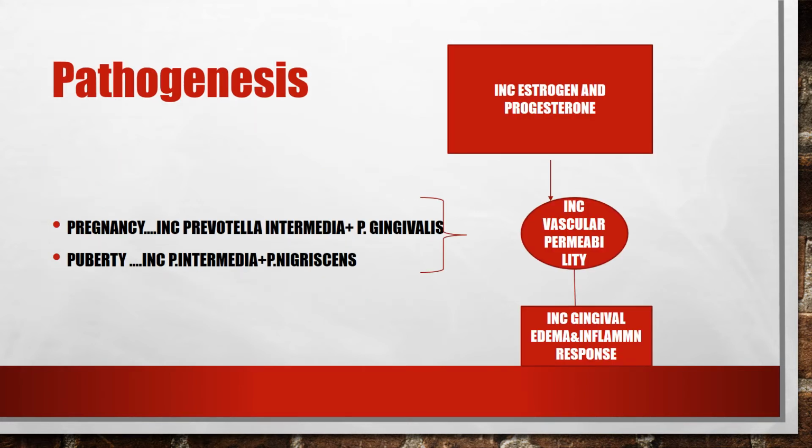Coming to the pathogenesis, in hormonal conditions there will be increased amounts of hormones like estrogen and progesterone, which will be produced in greater amounts by the end of the third trimester, reaching 10 to 30 times the levels present during the menstrual cycle. These changes induce changes in vascular permeability, which leads to increased gingival edema and inflammatory response.